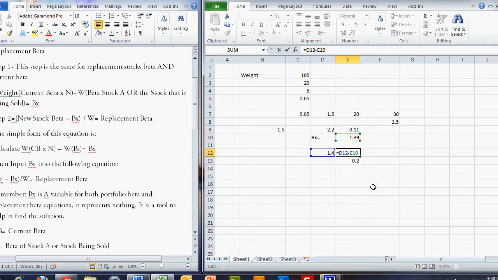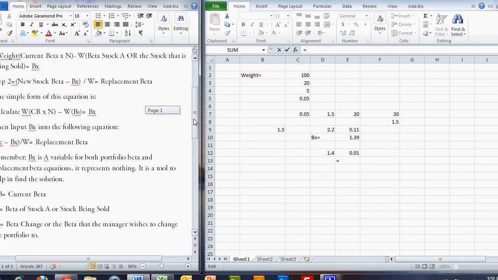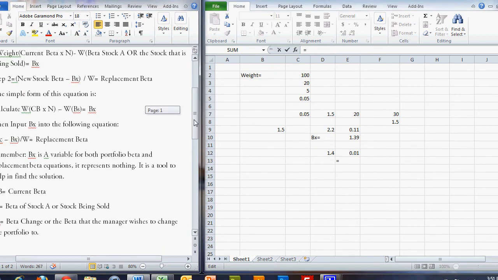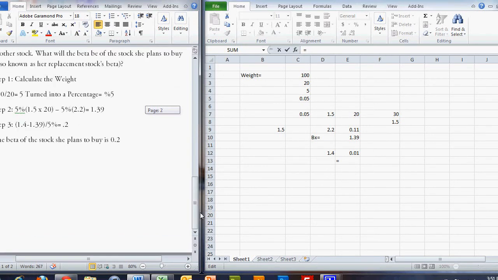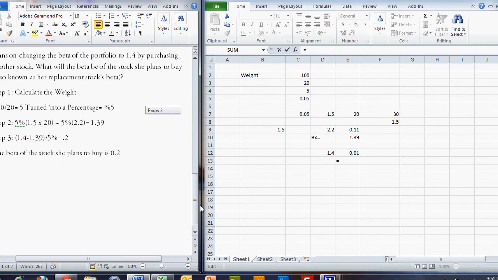So let's do that again. Equals 1.4 minus 1.39 equals 0.01. Hold on one second, let me just double check. BC minus your BX. Okay, so you have your 0.01.